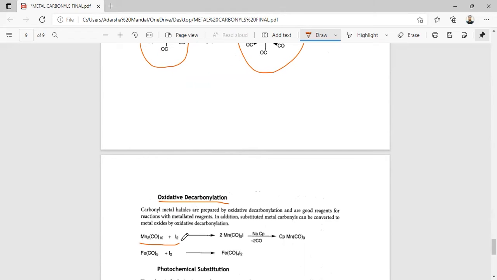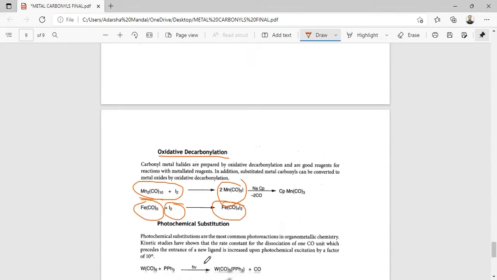So here this manganese precursor will react with iodine to form this metal carbonyl halide. Similarly, this iron Fe(CO)5 reacts with iodine to form this metal carbonyl halide moiety.